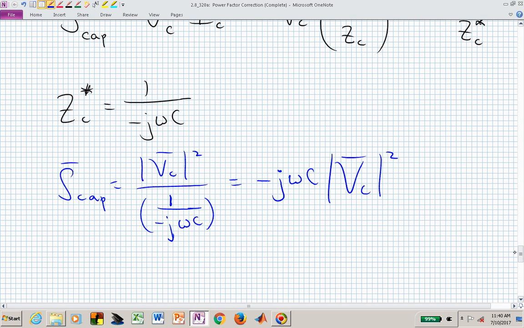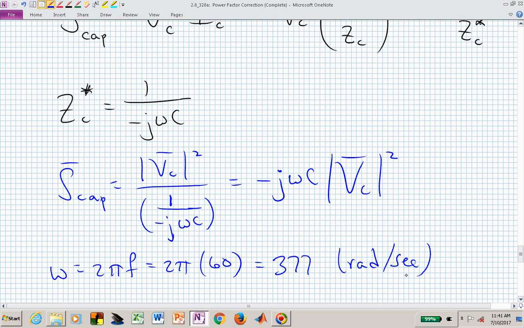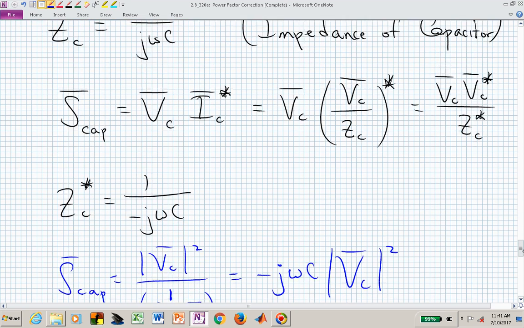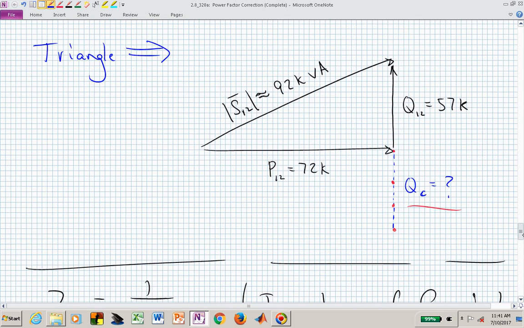And in this particular case, omega is 2 pi f, and we're in the United States, so our frequency is 60 hertz. We now have 377 for omega, radians per second. And what do we want the complex power of our capacitor to be?